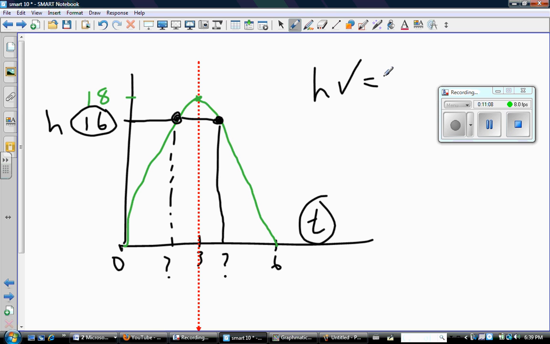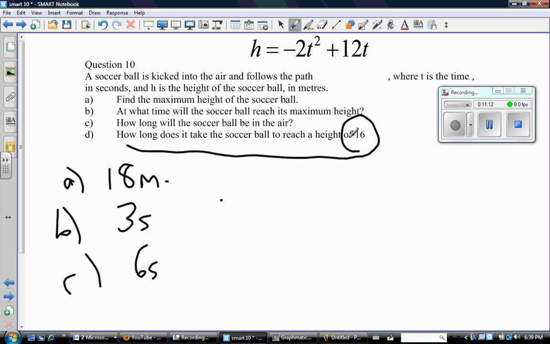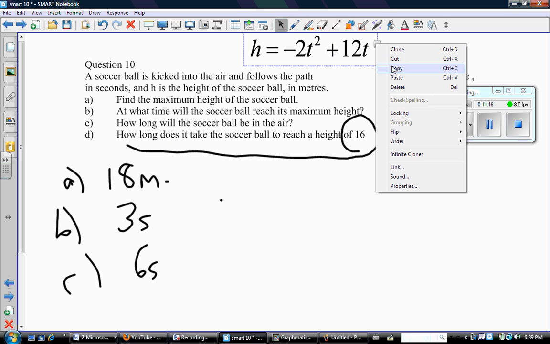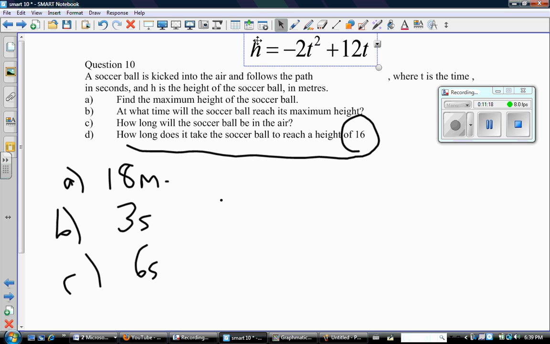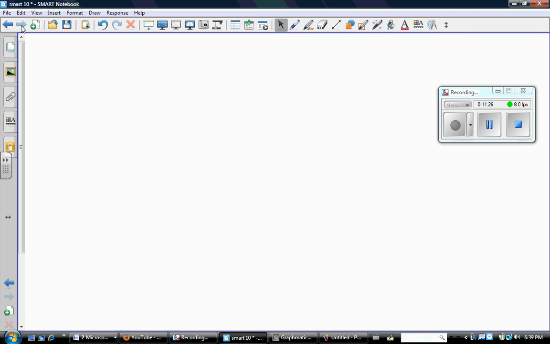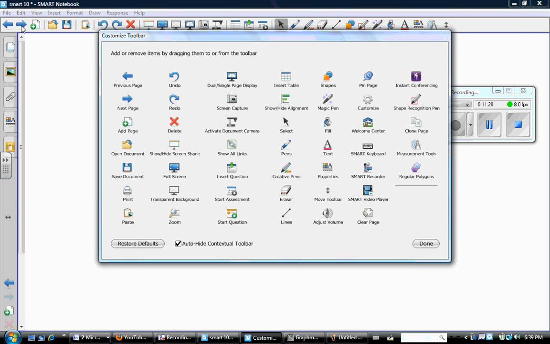So go to your formula. Here it is. I know the height is 16. I don't know the times. So we're just going to have to solve for the unknown. Just like a regular equation, solve for what's missing. Oh, we don't want that, do we? We want this.